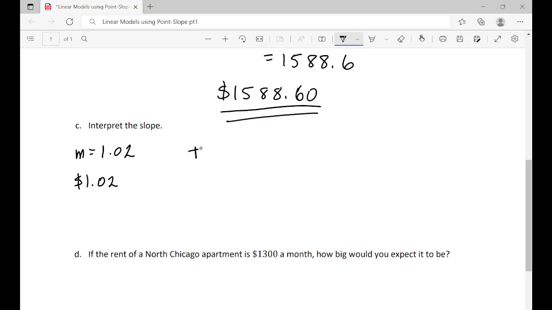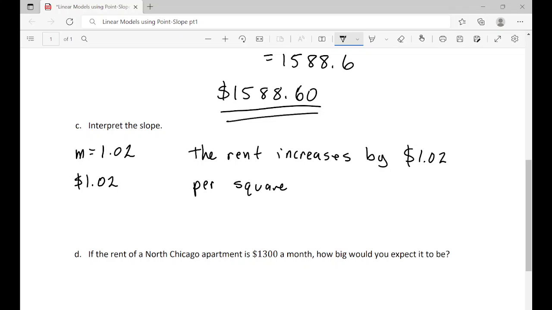So we can say the rent increases by $1.02 per square foot. Or something like that. How you word it can be a little different, so long as you convey the same information. That's all that really matters.